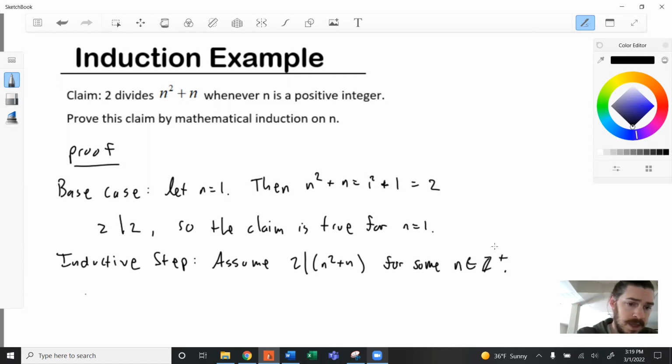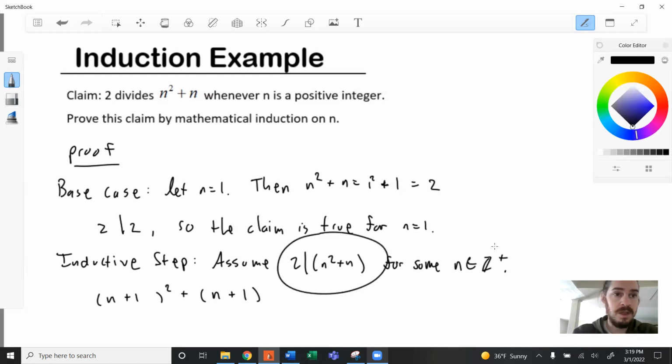So we're going to look at n squared plus n, except instead of n, it's now going to be n plus 1. So we have the quantity n plus 1 squared plus the quantity n plus 1. All right, what does that look like? Time to do a little bit of algebra, right? Remember, we want to show that this is a multiple of 2. And we are probably going to want to use that piece of information right there.